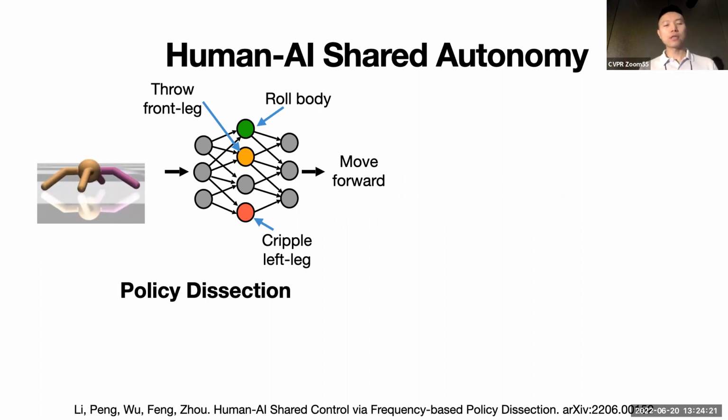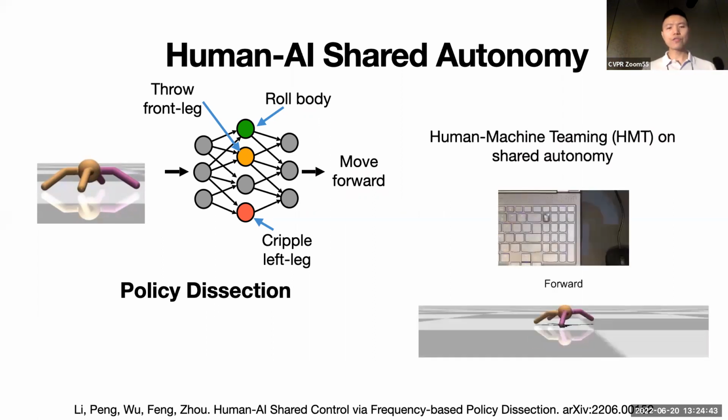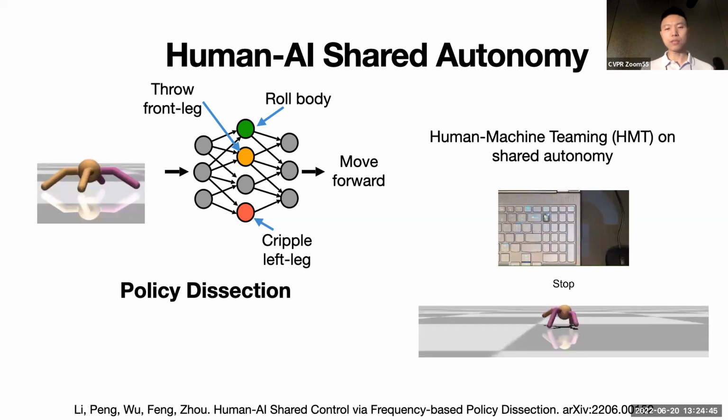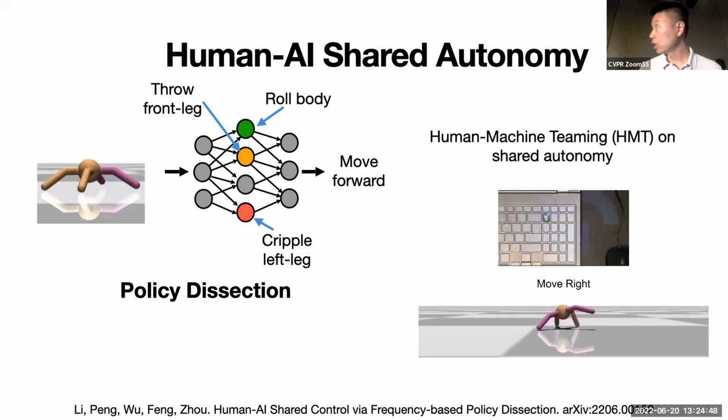Here we found that the internal representations actually learn a lot of behavior functions, such as how to roll the body, how to throw the front leg, and how to prop the left leg. After we have labels for those internal representations, the user can simply activate and deactivate certain regions, and we can achieve human-machine teaming with this kind of shared autonomy.